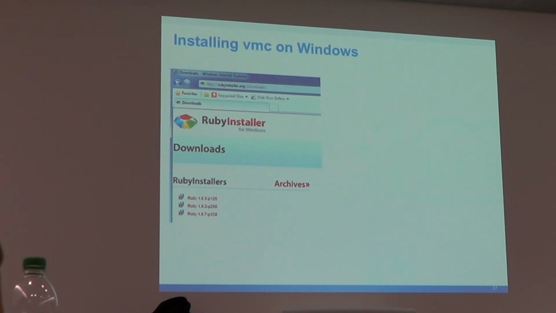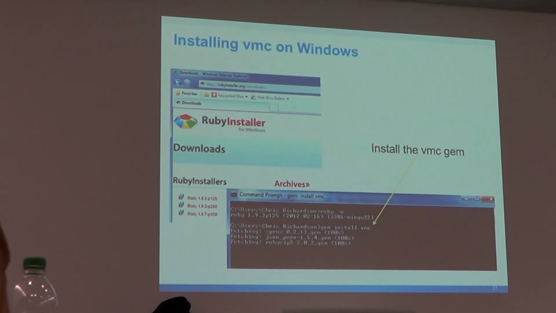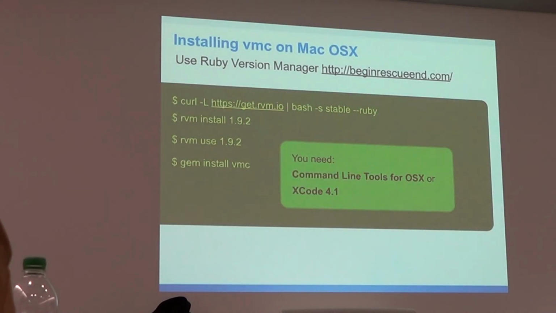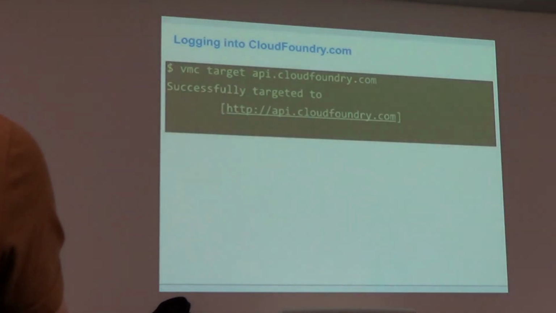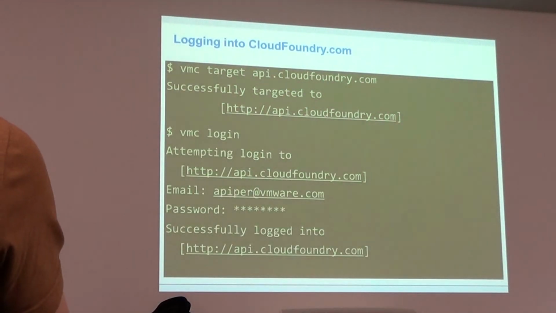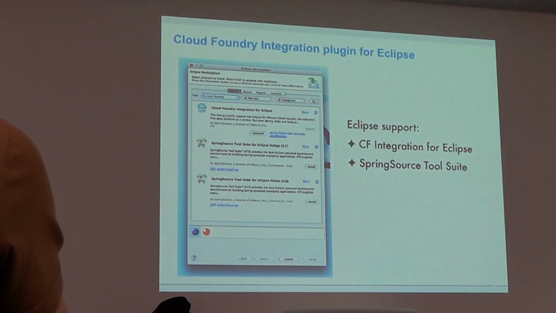Yeah, so you can have it on Windows with the Ruby installer and the VMC gem afterwards. And on Mac, you can just use RVM, for example. Then this I showed already, VMC target and login. There is this plugin for Eclipse.